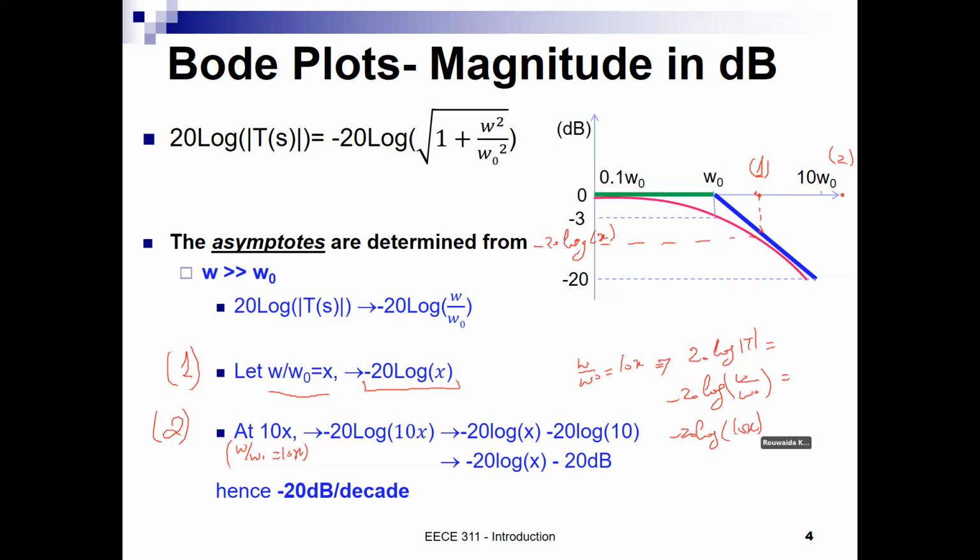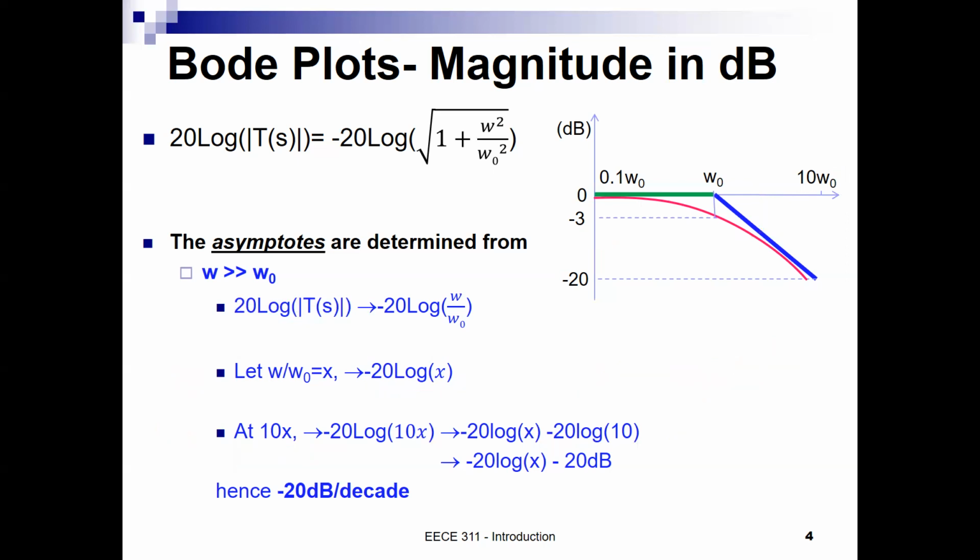But minus 20 log of 10x is equal to minus 20 log x minus 20 log 10, which is equal to minus 20 log x minus 20 dBs.